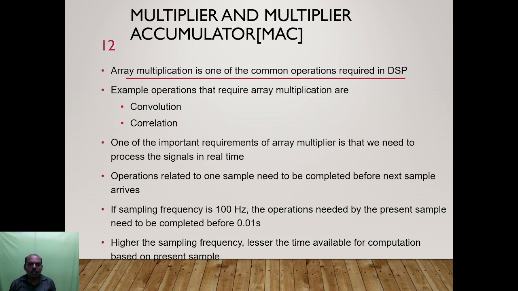The next, one of the important requirements of the array multiplier is that we need to process the signals in real time. Operations related to one sample need to be completed before the next sample arrives. If the sampling frequency is 100 Hz, the operations needed by the present sample need to be completed within 0.01 seconds. The higher the sampling frequency, the less time available for computation based on the present sample.